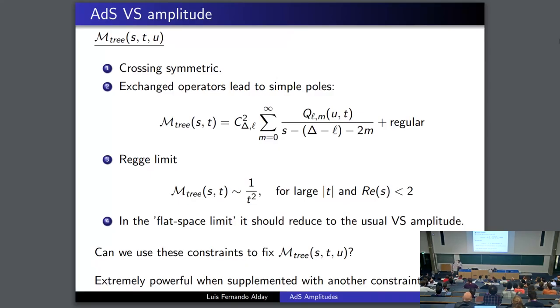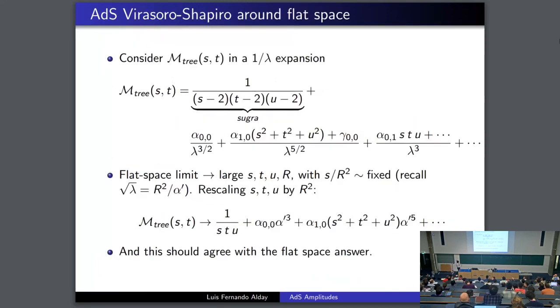I just wanted to be completely honest, and this is the result that people have proven in a CFT. They have proven that the Mellin amplitude is smaller than this in this regime. But what happens is that there is an alpha prime that multiplies S. So in this regime, this is true. So I guess that's the answer.